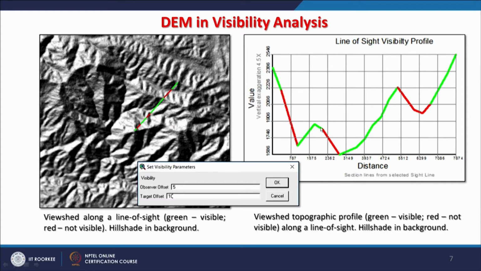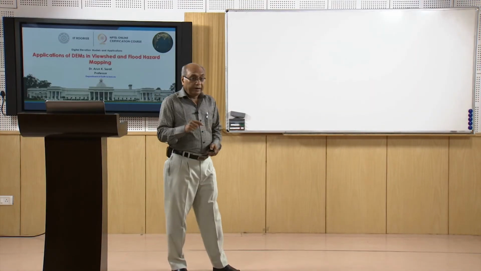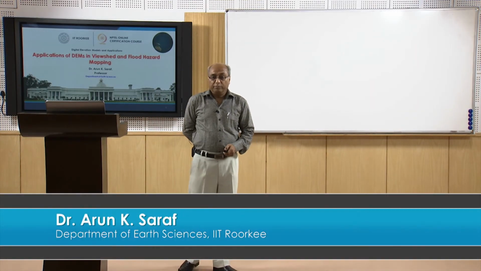Then again you don't see a small patch of the terrain as marked red here, and then a large green part, then again a red patch, and then finally a green patch. So likewise, plan view can also be seen in a line of sight as well as a profile.